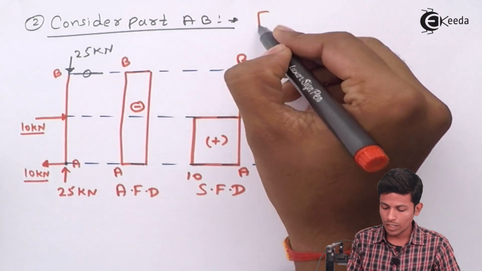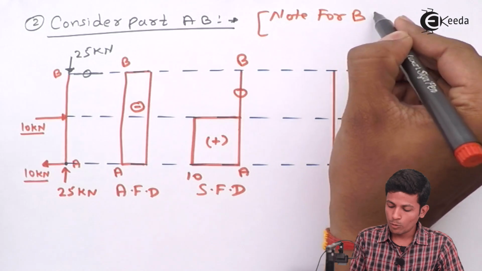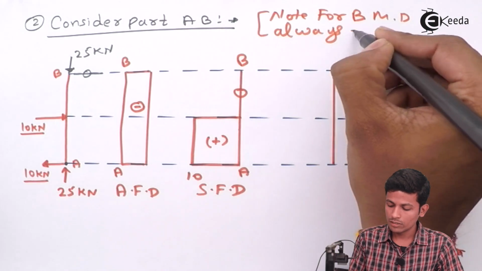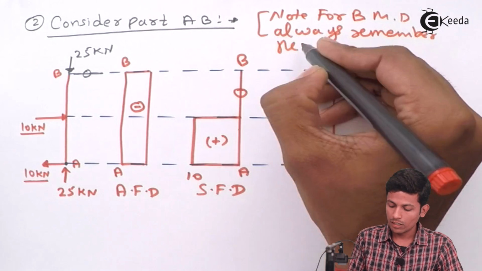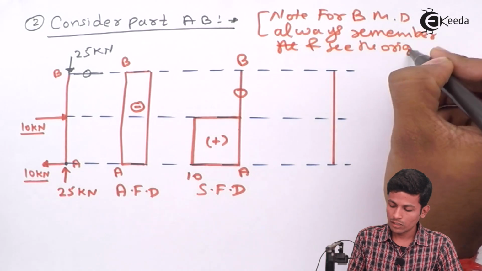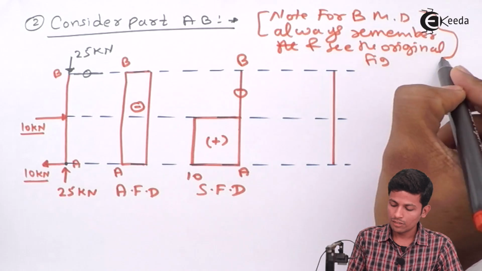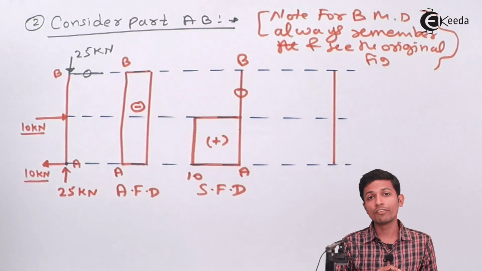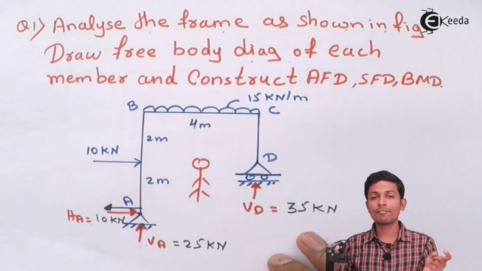So I'm writing over here a note: for the bending moment diagram, always remember and see the original figure. For the bending moment diagram, always see the original diagram given in the question, because in bending moment we are taking either left or right.